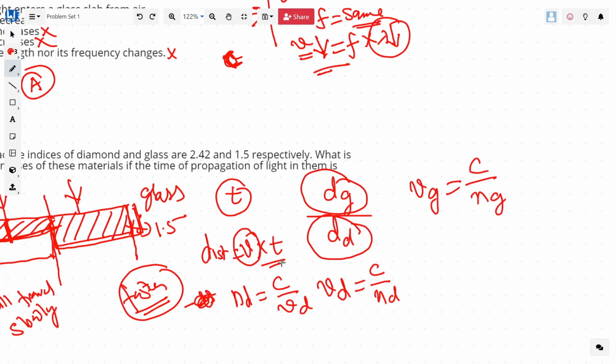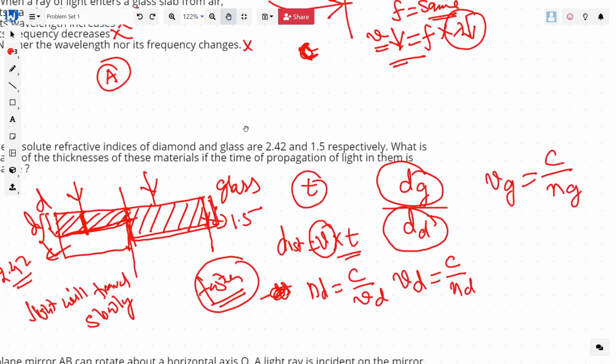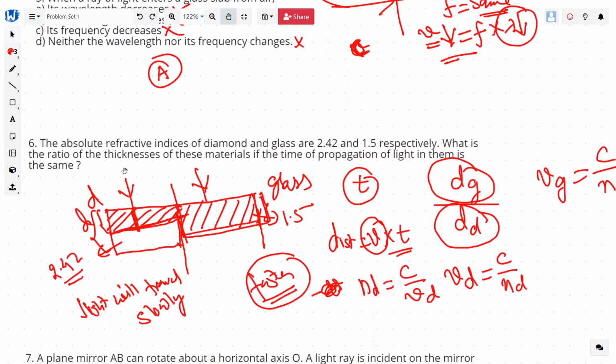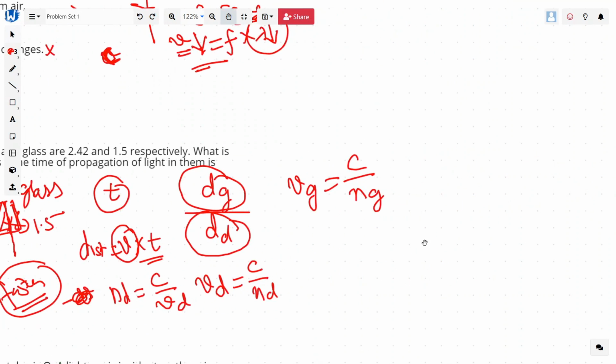The time is the same, so let's reread the question to find the right ratio. Absolute refractive indices of diamond and glass are so and so forth. What is the ratio of thicknesses of this material? So we are going to find the ratio of diamond versus glass. We know the velocity now, so we multiply that with time.